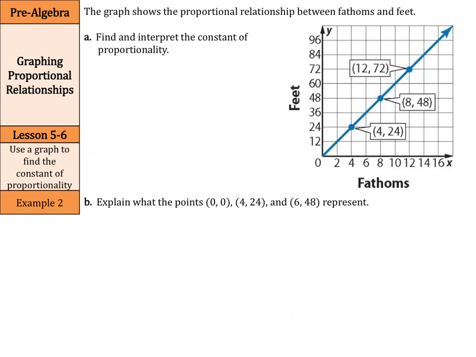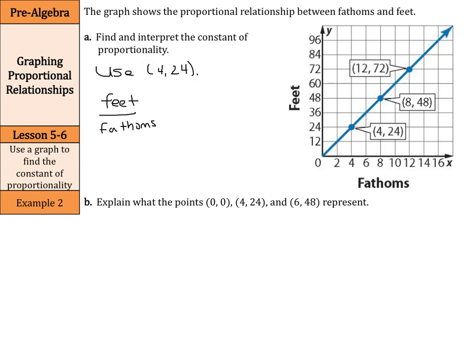Now the graph shows the proportional relationship between fathoms and feet. Our challenge here is to find and interpret the constant of proportionality. For this, we're going to use the point 4, 24 from our graph.